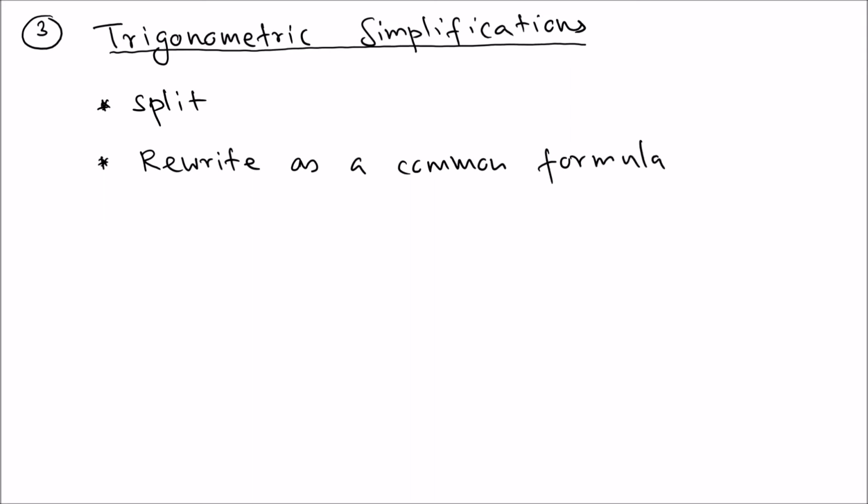The next one would be that we can rewrite using sine and cosine, because once you rewrite using sine and cosine, you can simplify a little bit further.